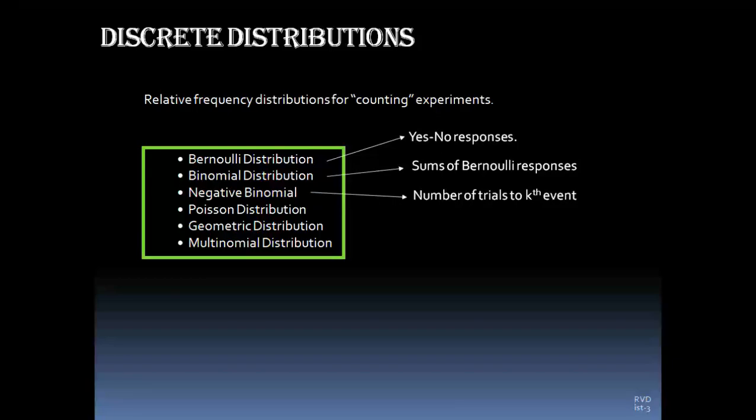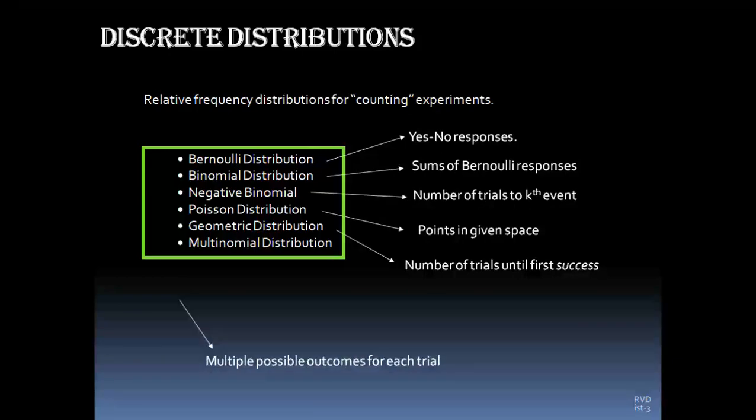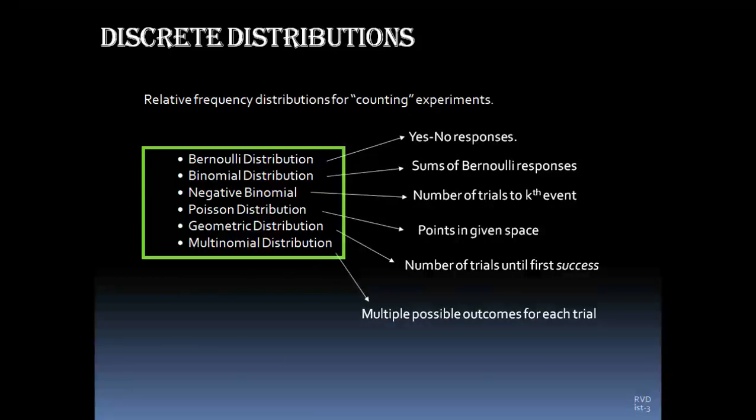Negative binomial, number of trials to the kth event. Poisson distribution, points in a given space. Geometric distribution, number of trials until first success. And the last one, multinomial distribution, meaning multiple possible outcomes for each trial.